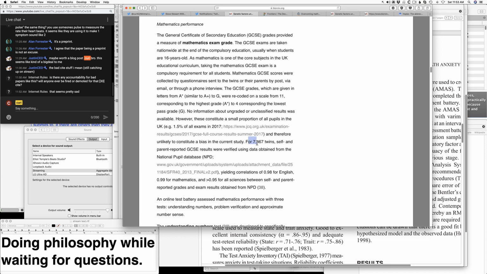Okay, so previously they were talking about twin pairs, and now they've given a number of twins, which is an odd number, which is interesting. Why do you have an odd number of twins? I thought we were studying pairs of twins.